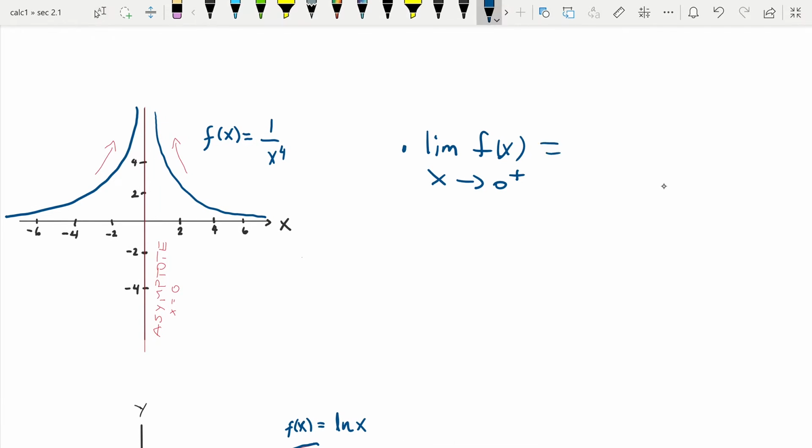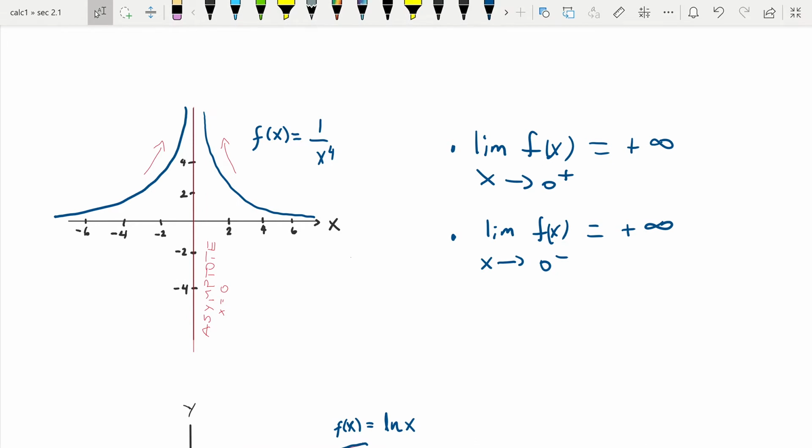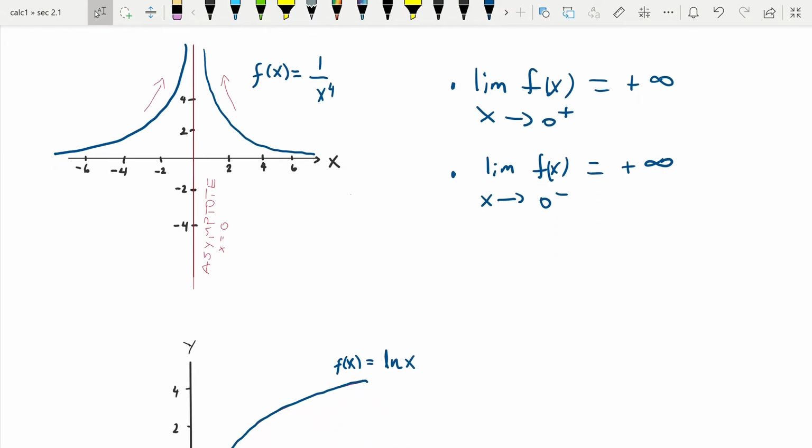We can see from the graph that it is plus infinity, but we can also see that since x is approaching 0, 1 over something very small is blowing up. The difference with respect to the previous example is that the limit on the left is also plus infinity, and that is due to the fact that x to the fourth doesn't change sign. It's always positive when x is different from 0. And so the sign of that expression that is blowing up is always positive.